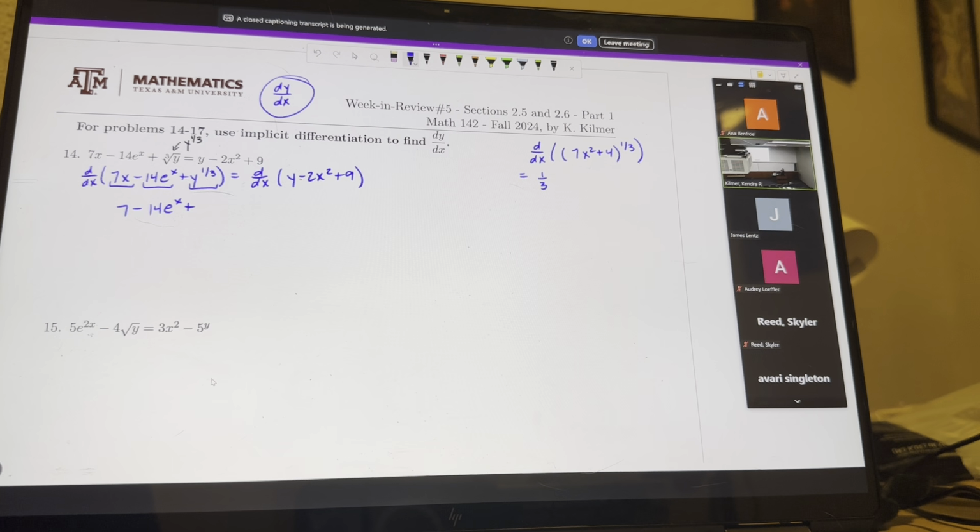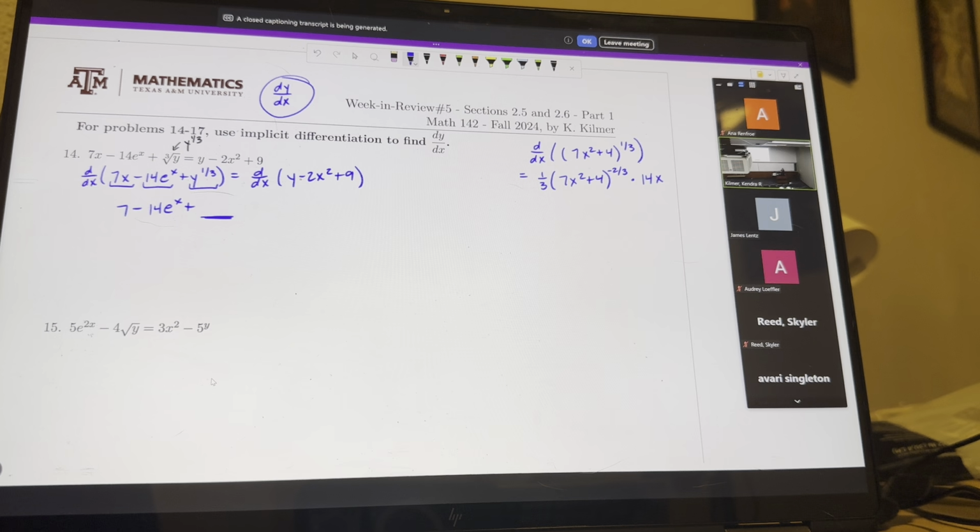The 1/3, leave the inside alone. I subtract 1, so 1/3 minus 1 would give us negative 2/3. Times 14x. Hopefully we are all comfortable with that by this point.